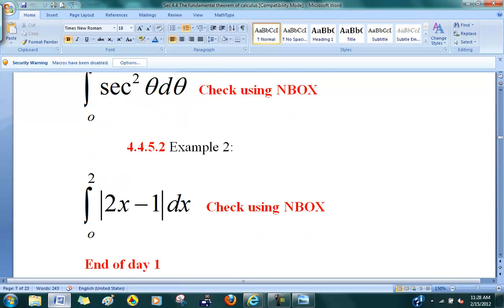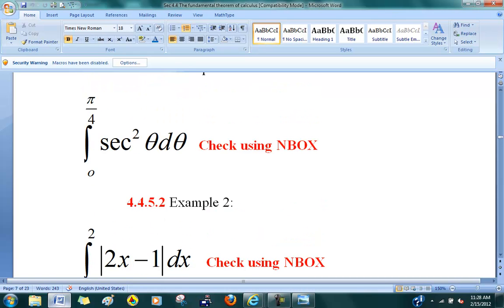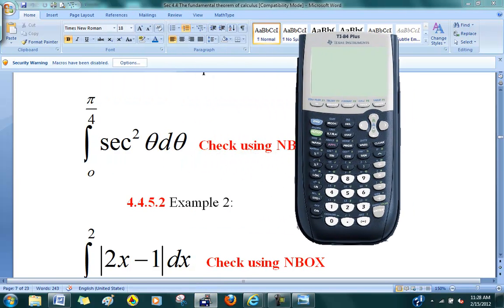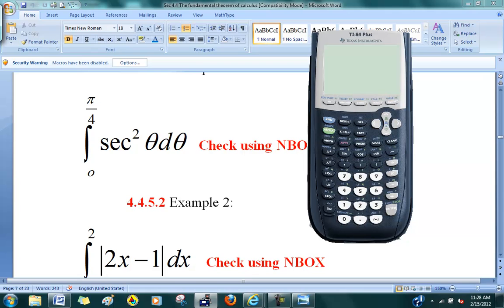We're doing an absolute value here now. Oh, by the way, it asked you to check using the calculator, so let's go do that. Get your TI-84 up, turn it on, clear the screen, make sure the mode is radian, and then put sec squared theta in there.